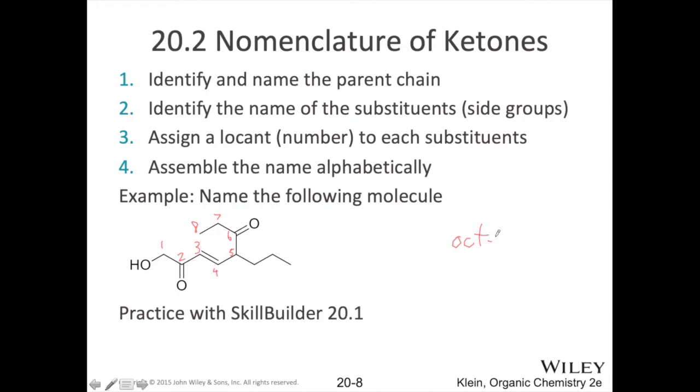So we'll call this oct-3-ene. Now normally you just say -one at the end, but since this has 2 carbonyls, it's going to be dione. Okay, so octenedione. Again, you could put the numbers in here, or you could put them at the start. I'm going to put it in the middle of the name just for clarity's sake. So oct-3-ene-2,6-dione.